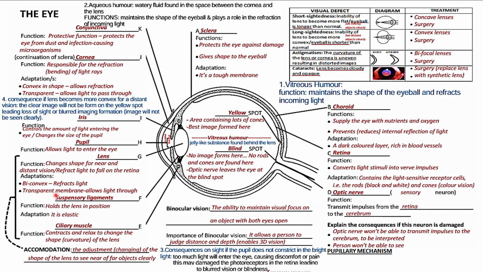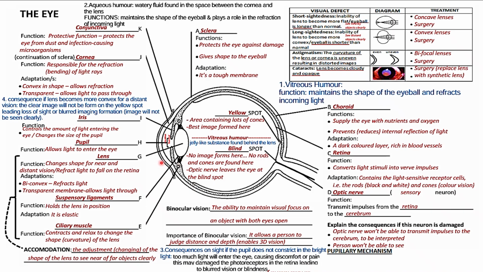And for the suspensory ligament to support the lens by holding it in position, it has to be made up of a special material, that is the design nature, or that's the adaptation. If you look at it, you can tell the suspensory ligament is elastic, meaning it can stretch and it can squeeze itself as well.